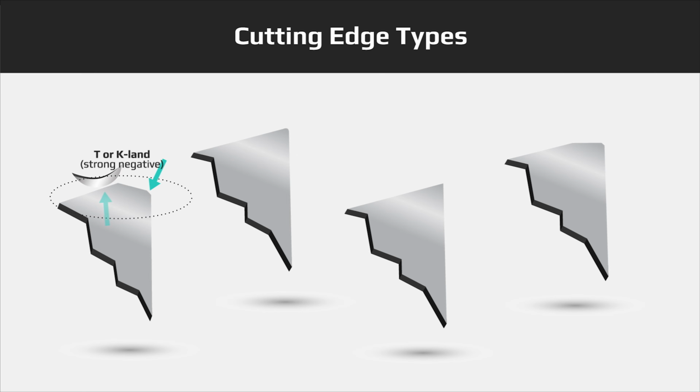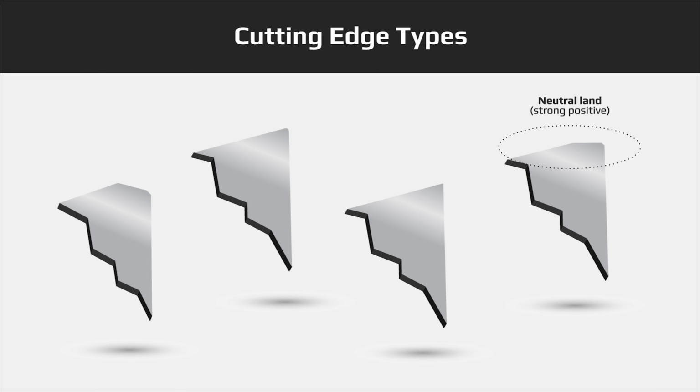The chip then flows across what is usually a positive rake face to roll up and away from the insert face. Now, this edge prep is usually reserved for tough steels, especially hardened steels, as well as most cast iron.